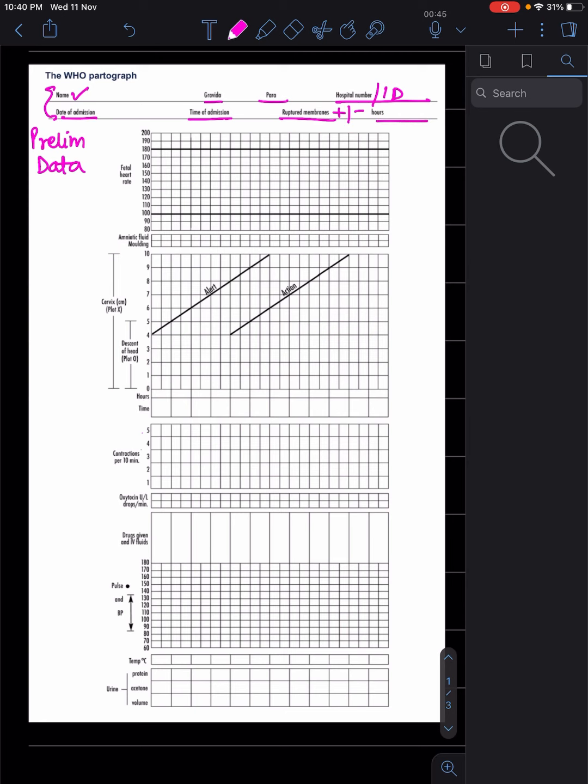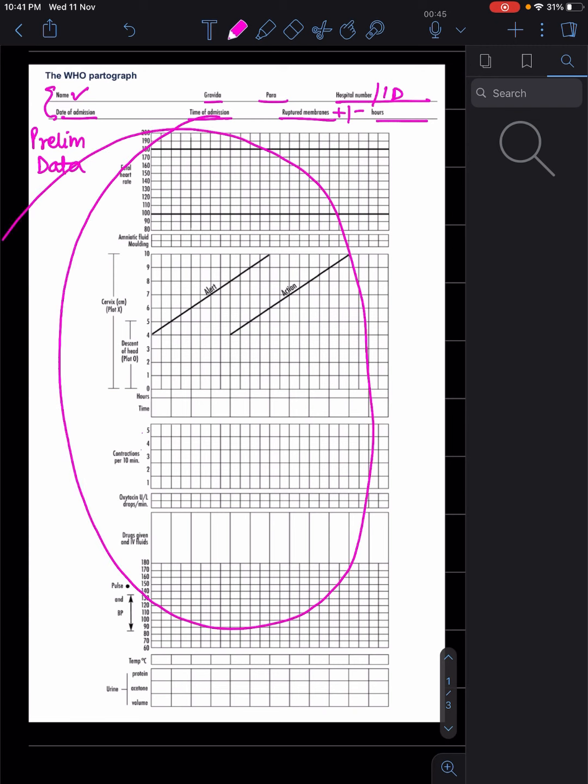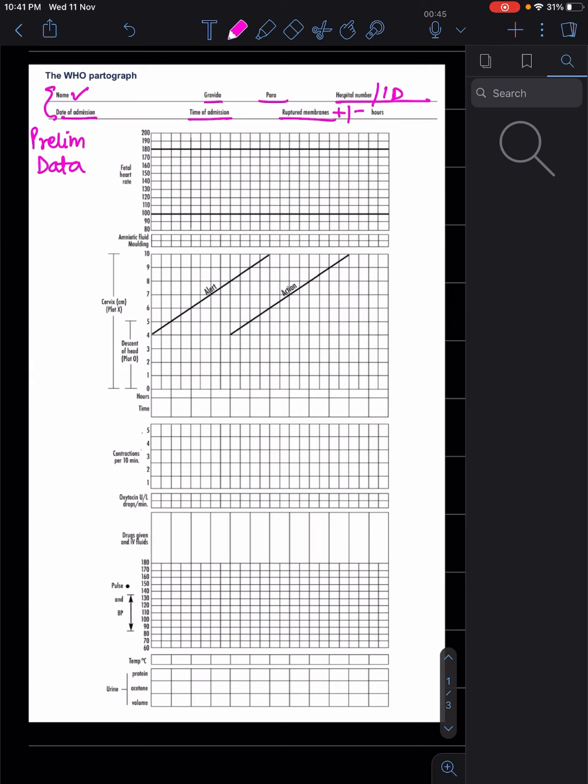This is very important because you don't want to lose all the hard work you have put into plotting. If it goes amiss as to whom it belongs to, then the whole point is moot, right? So we need to fill out the preliminary data, right?